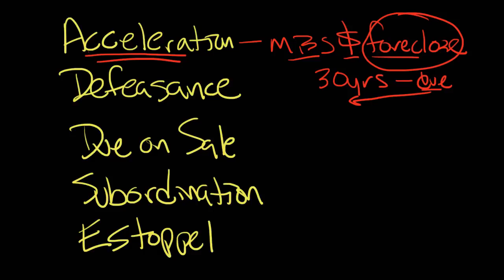So defeasance is basically the opposite of that. While the acceleration clause benefits the lender, the defeasance clause is going to benefit the borrower. So they're kind of the opposite. Basically it says if you pay off the debt, then the lender's claim to your property will be released.